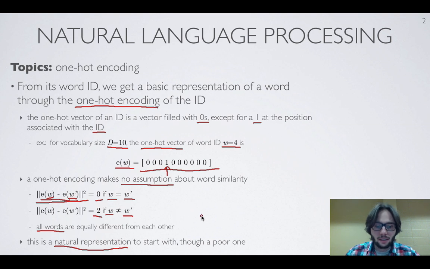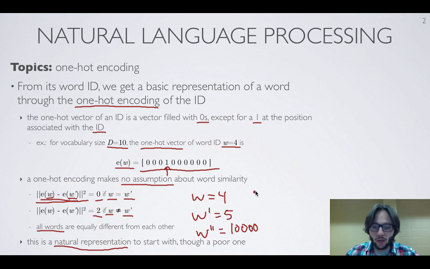That's better than feeding the integer value W, because otherwise if we had a word which has the ID 4 and then a word W prime which has the ID 5 and then another word W prime prime with, say, ID 10,000, which just happened to be lower down the list in the vocabulary, then the distance between 4 and 5 is much smaller than between 4 and 10,000 based on the integer value.